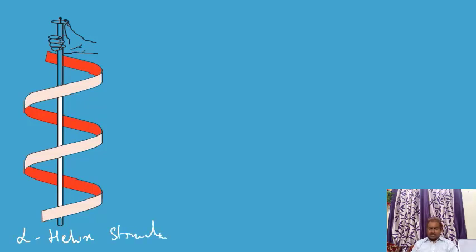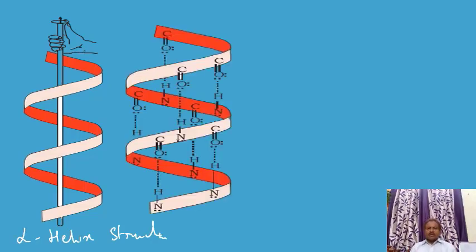Alpha helix structure is the most common way in which a polypeptide chain exists, from all possible hydrogen bonds. So hydrogen bonds are possible in this. So here these are the hydrogen bonds.